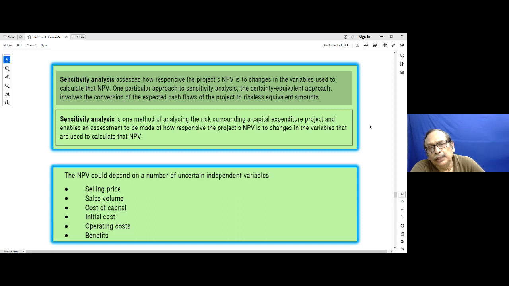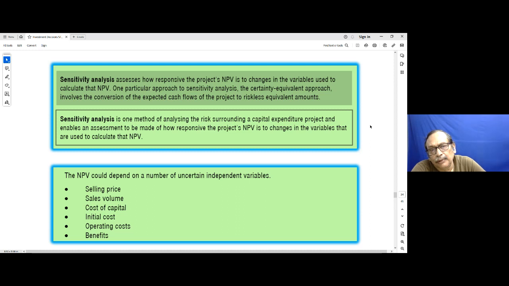Now, one particular approach to sensitivity analysis, the certainty equivalent approach, involves conversion of the expected cash flows of the project to riskless equivalent amounts. Okay, that is the method which is actually being followed.